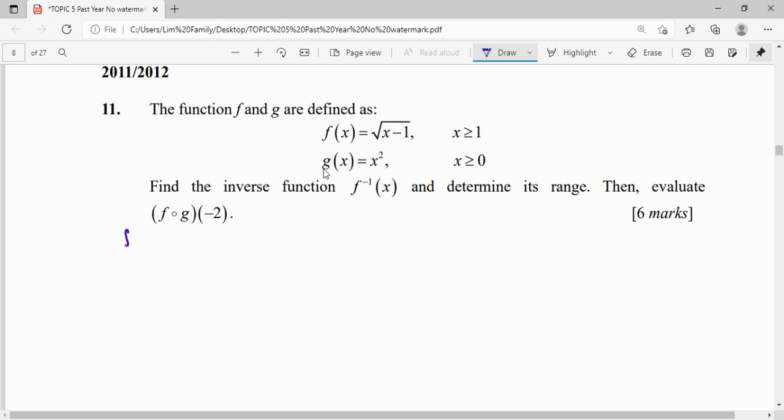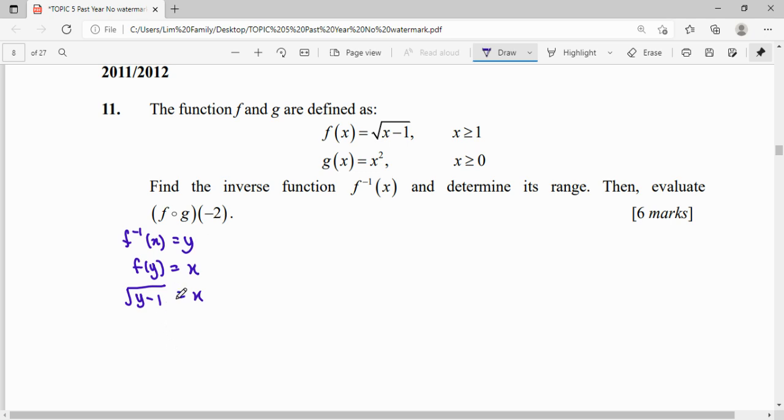First of all, we find the inverse function, f inverse of x. We let it be y. Then we inverse it, we get f(y) back to x. We substitute y into our square root function, where x is substituted by y, so it becomes the square root of y minus 1. The next procedure is to find out what y is.